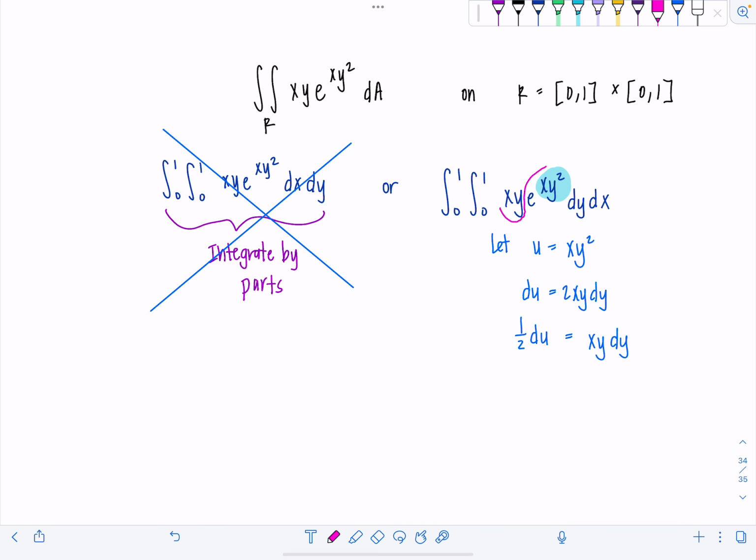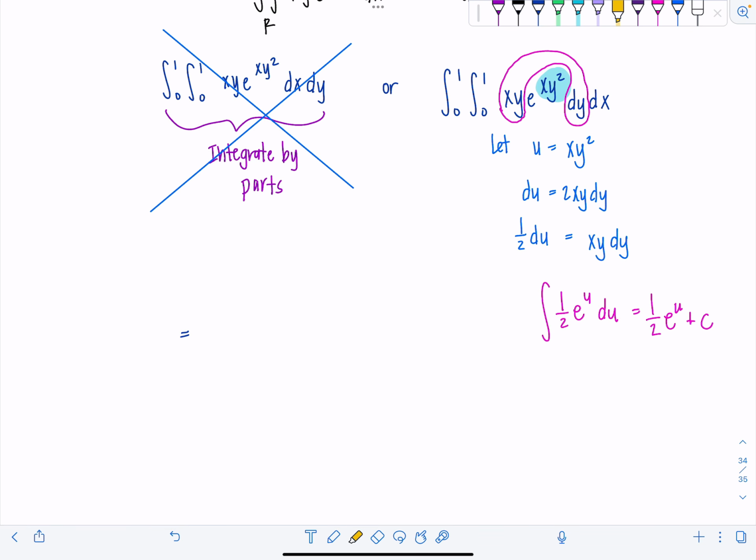So if this xy dy becomes my 1/2 du, and then you just have e to the u, you should be able to do this in your head, right? It's just going to be 1/2 e to the u plus c, and we know u was xy squared. So then I'm just going to continue from there.